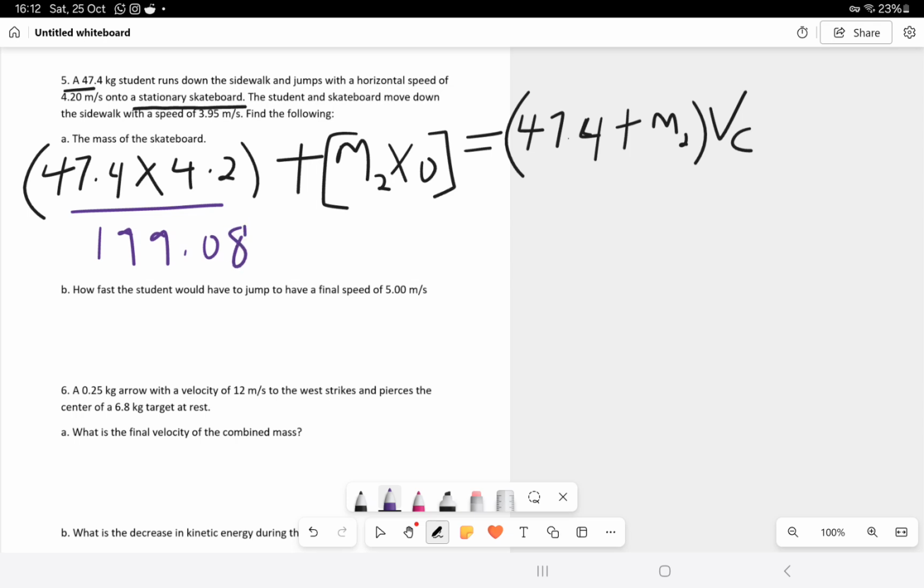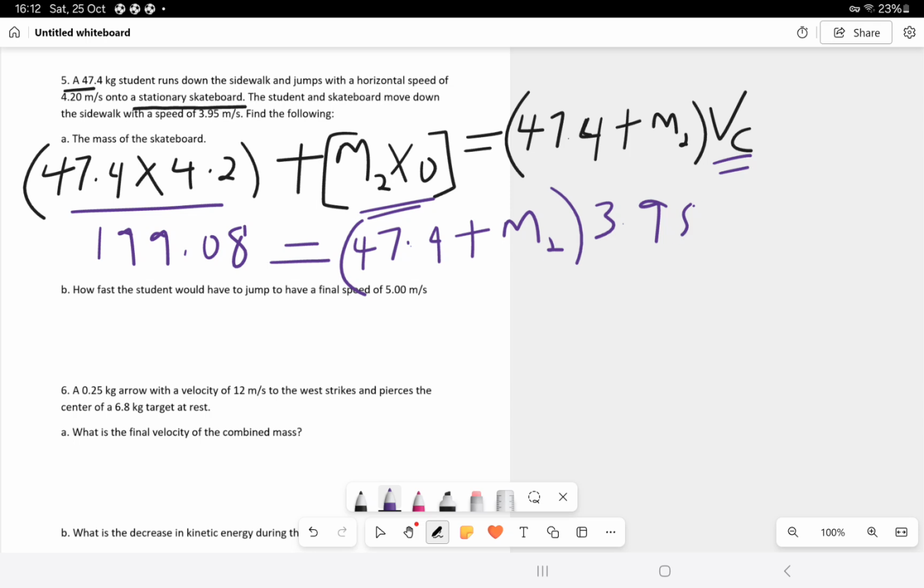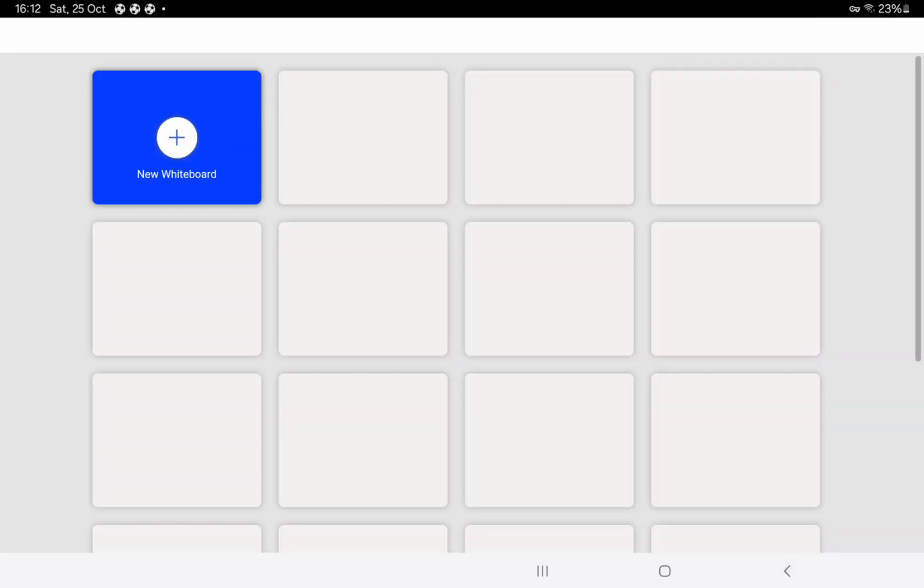And this is equal to, of course this one will be 0, all this stuff, which is 47.4 plus M2 into VC, and VC you are given, it is 3.95.